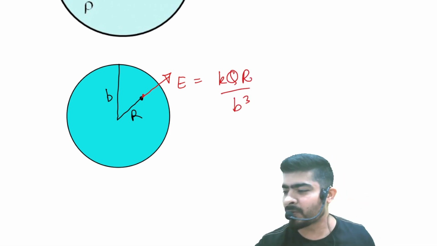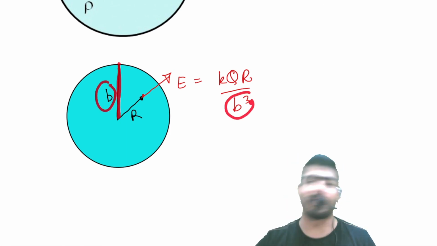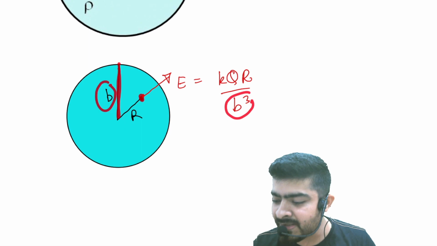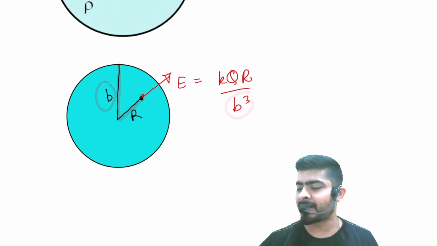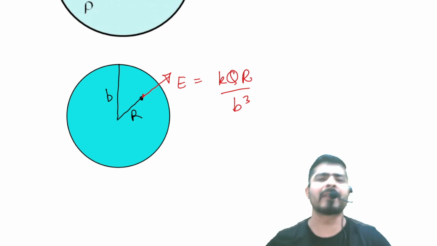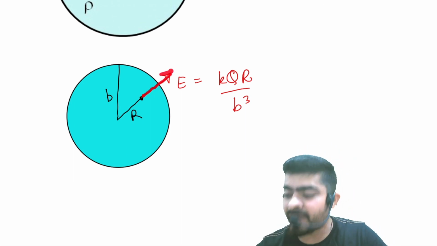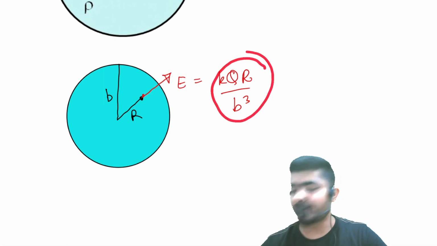Don't get confused. The radius of the entire sphere is now given as b, so that should go in the denominator. And the distance of this point from the center is capital R, so that should go in the numerator. It's just variables getting changed, nothing else. So this is your electric field in this direction having this magnitude.